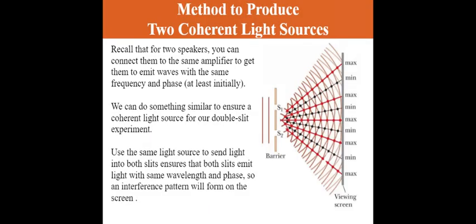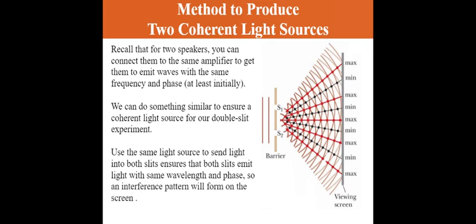So the double slit is analogous to the two-speaker setup for sound waves. To ensure that you have a coherent light source to do this experiment, you should send the same light beams into both slits. That way, you know that they'll have the same wavelength and they'll be emitted in phase from both slits, and therefore it'll be coherent, and therefore you can see a pattern on the screen.